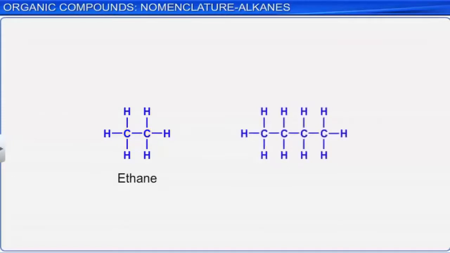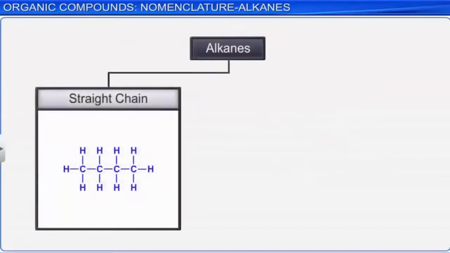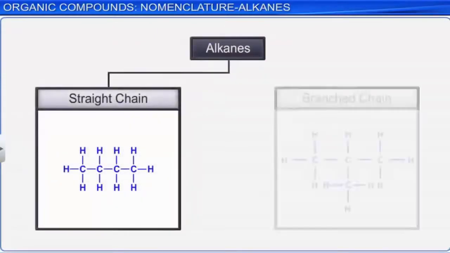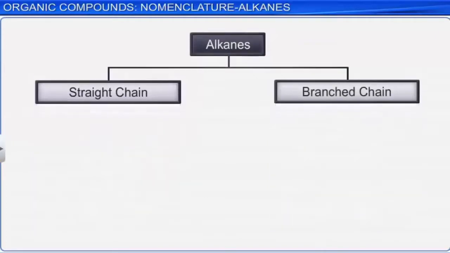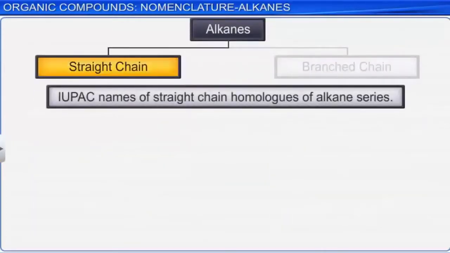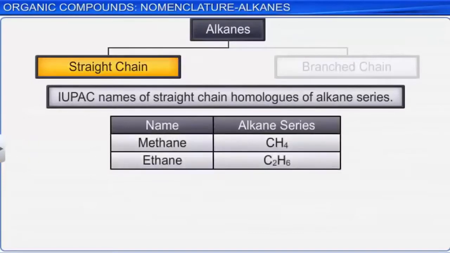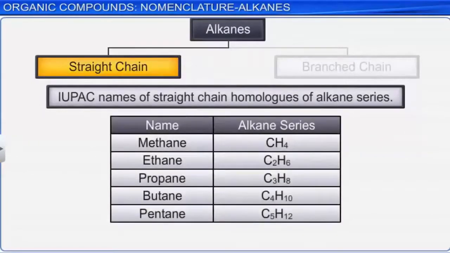Similarly, the IUPAC name of an alkane having 4 carbon atoms is thus but plus ane, butane. Alkanes can be straight chain alkanes or branched chain alkanes. Let's look at the IUPAC names of certain straight chain homologues of the alkane series.